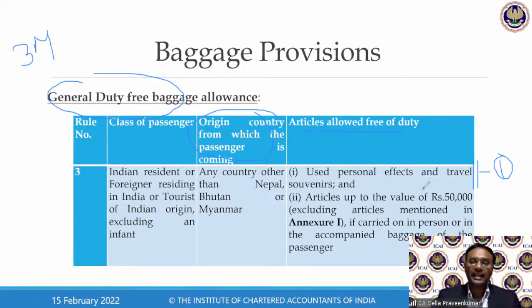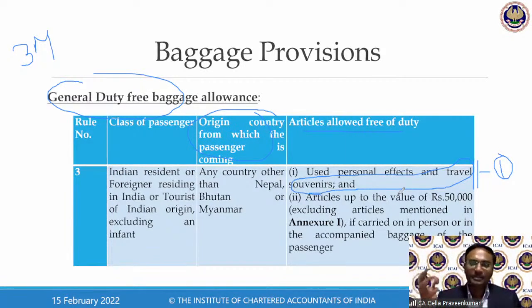Travel souvenir. Again, your travel souvenir has no limit in value. I have purchased something from Singapore, something from Indonesia. Like in Singapore, there is a monument where water comes from a particular architecture, and I have purchased that. I went to Russia and bought some stones known at that place.